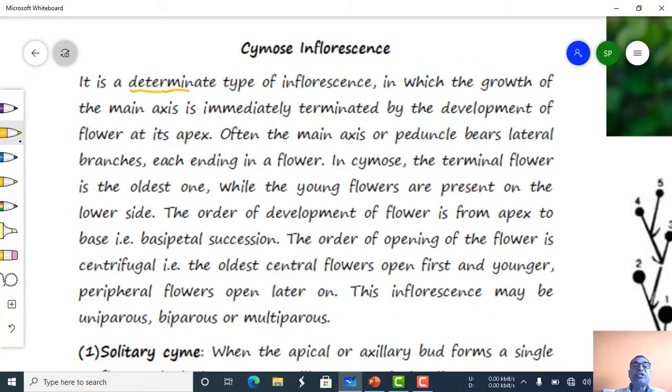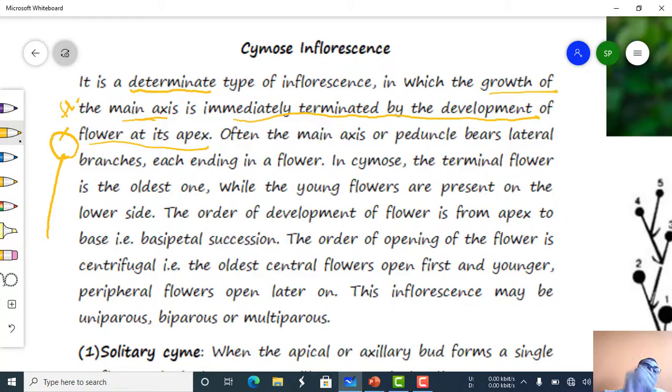Determinate means definite, in which the growth of the main axis, that is the peduncle, is immediately terminated by the development of a flower at its apex. Suppose this is the axis of the inflorescence. This axis terminates in a flower.